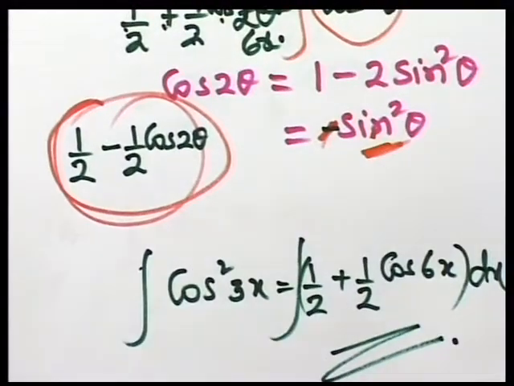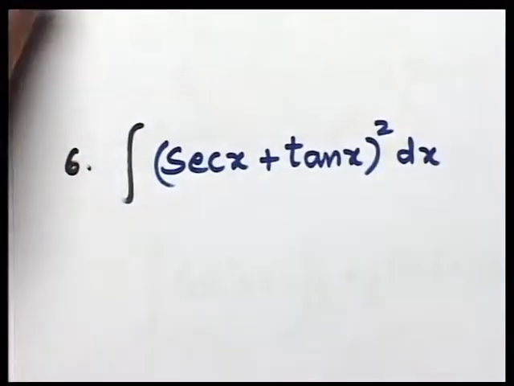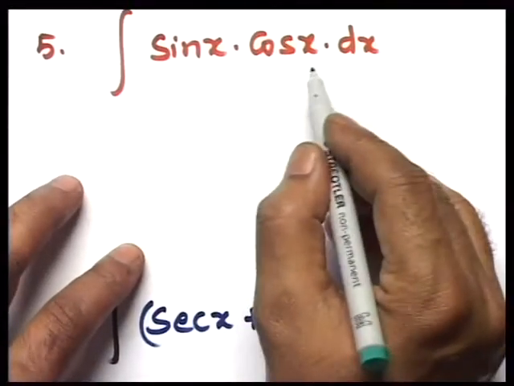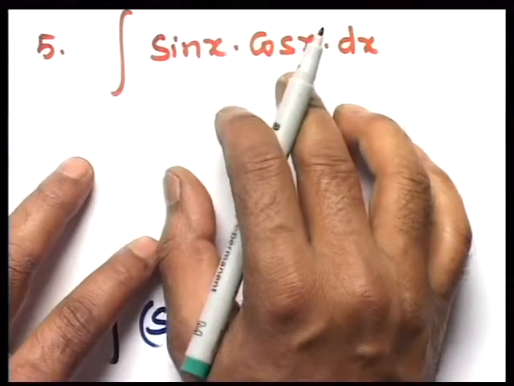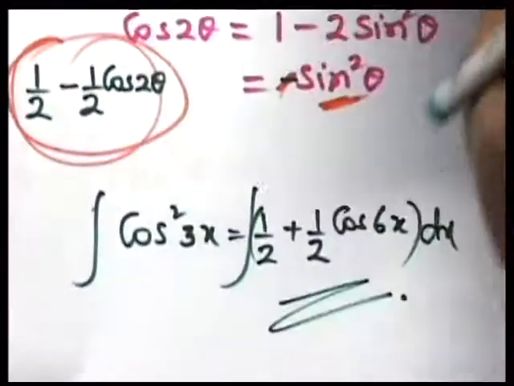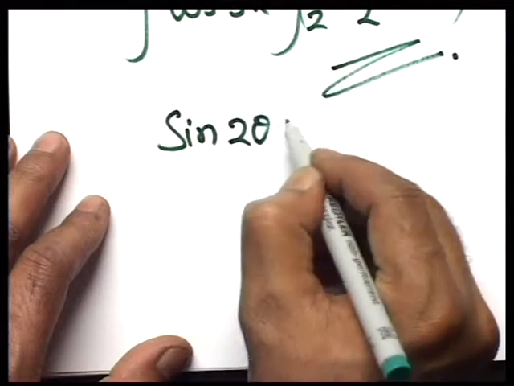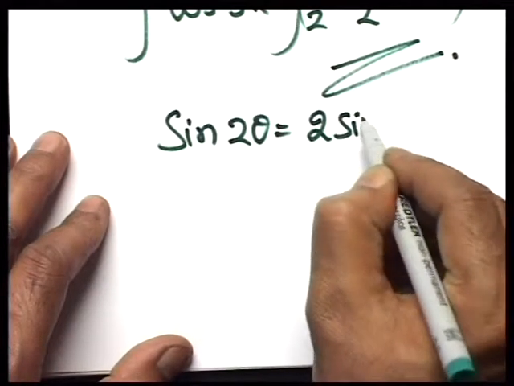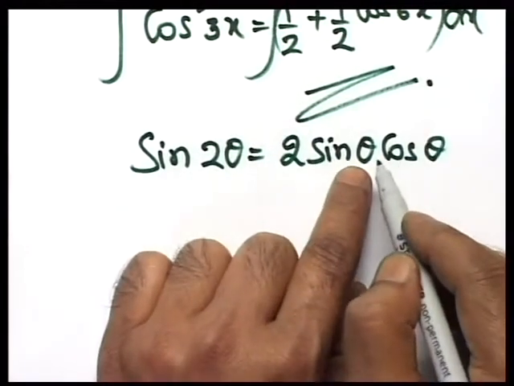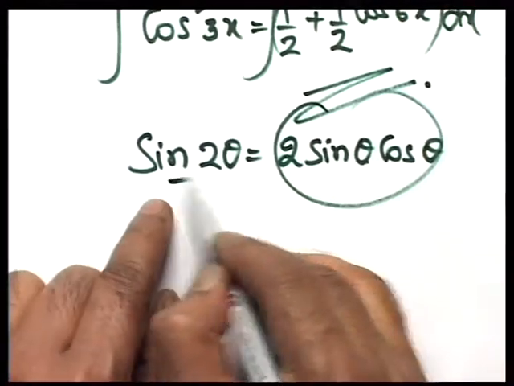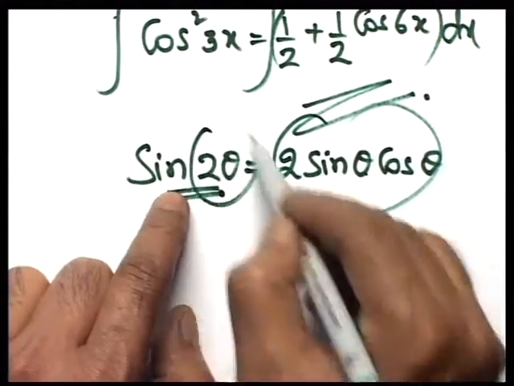Now we will be looking at a few more. The next one on the screen for you is sin x cos x dx, right? Double angles, please. Let's go back and then check. Sin 2 theta is 2 sin theta cos theta. That's not in standard form, but if I write it like this, this is a standard form, which is sin theta like.